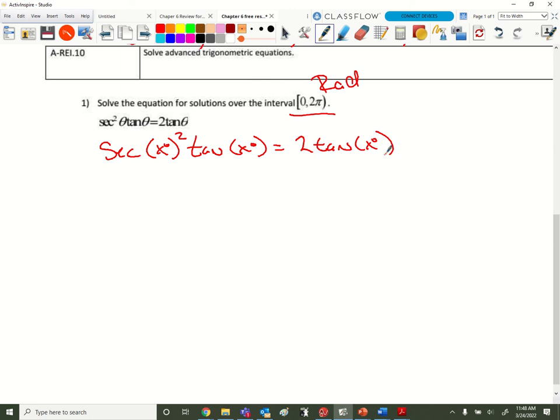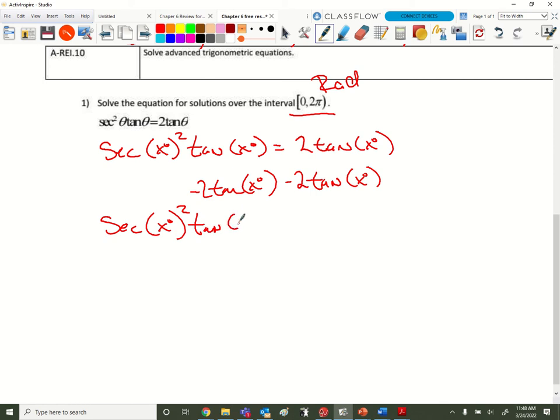And since everything relies on this being equal to 0, subtract 2 tangent of x degrees. So secant of x degrees closed squared tangent of x degrees closed minus 2 tangent of x degrees equals 0.